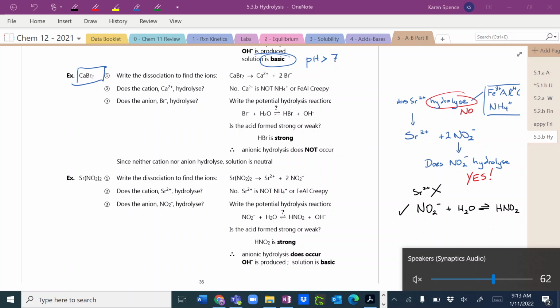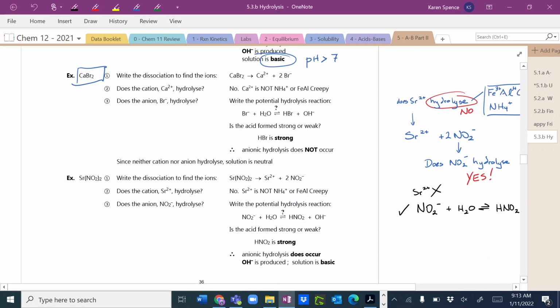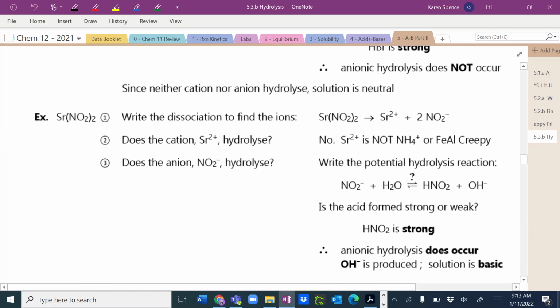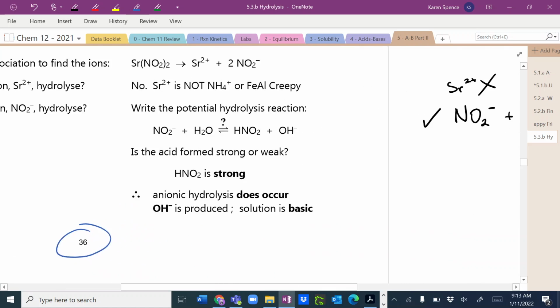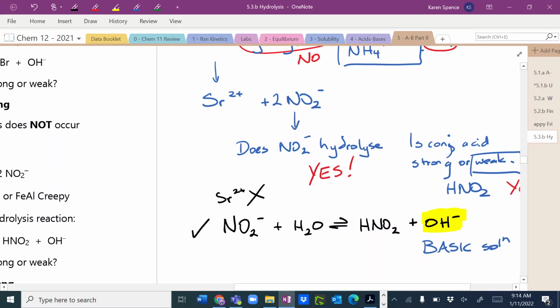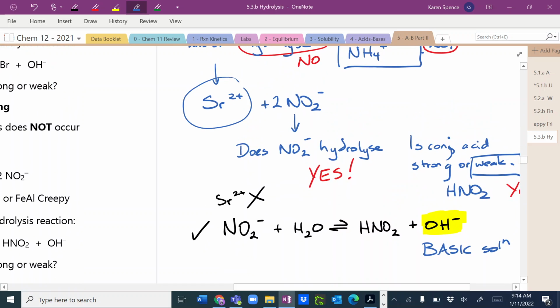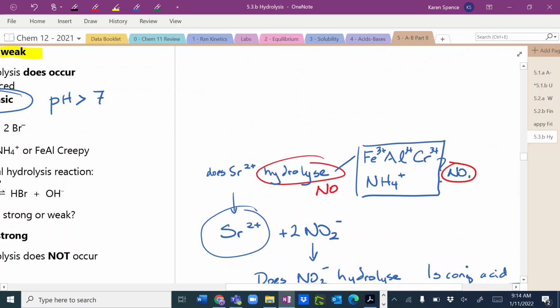So here we are. When last we left, we had just done the last example on page 36. I want to draw your attention to it because over here, I had done it correctly. I said Sr2+ is not one of the four cations that hydrolyze, so it does not hydrolyze.